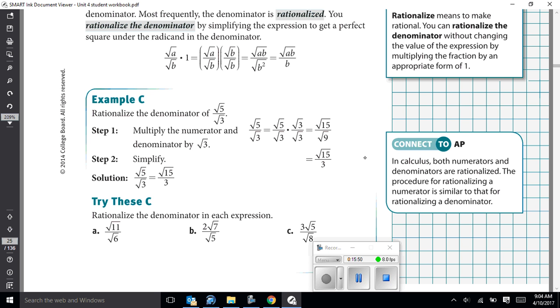If I was doing this, let's say the answer is somewhere right around 1 1/3. The square root of 15 is pretty close to square root of 16, which is 4. And we're taking something that's almost 4 and grouping it into thirds. Does that make sense?